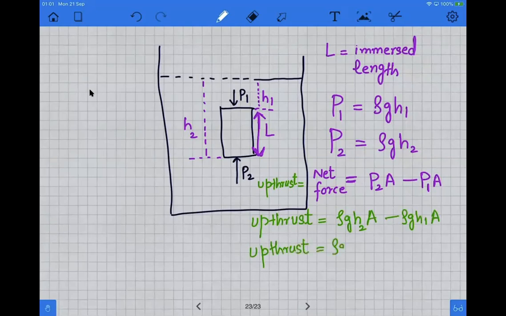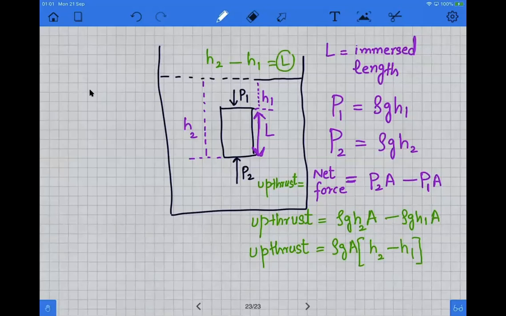Upthrust will become rho into G into A into (H2 minus H1). And H2 minus H1 will become L. This is the immersed length.